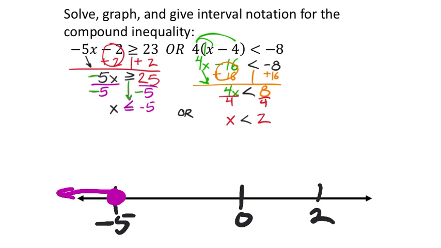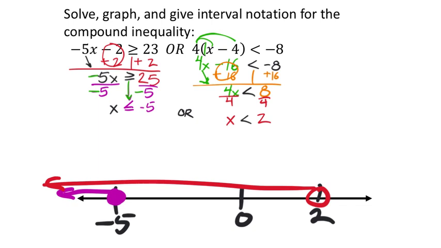The other inequality, x is less than 2, so that's an open circle at 2, but see this one also, this line also goes to the left, okay? Now based on what I'm seeing with the graph, I do not need both lines because it is an or statement, right? We can see everything to the left of negative 5 would make both of them true, but it only has to make one of them true because it's an or statement.